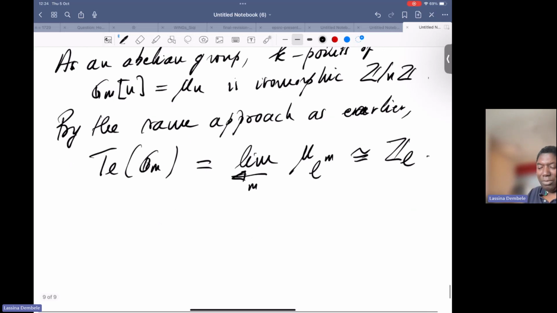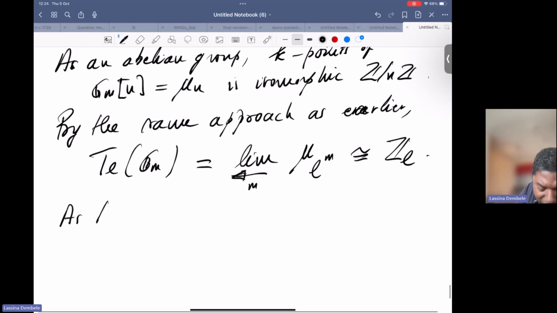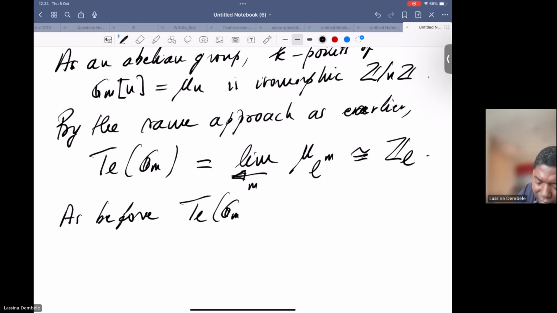And as before, this also has a Galois action.